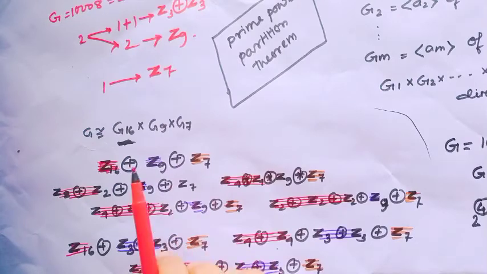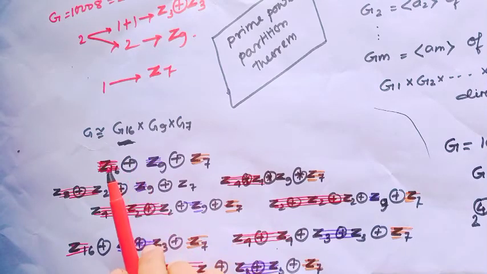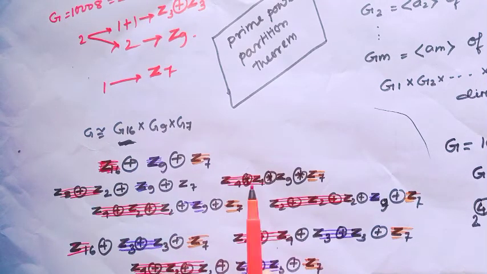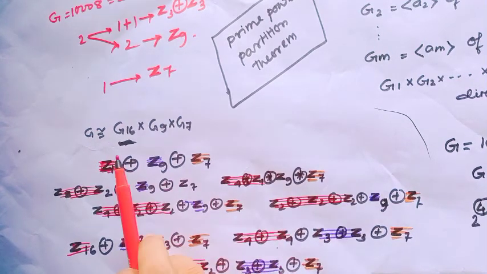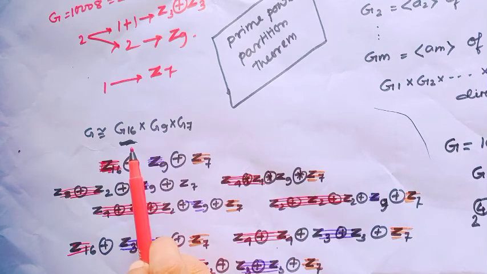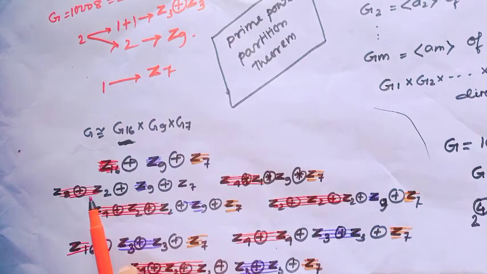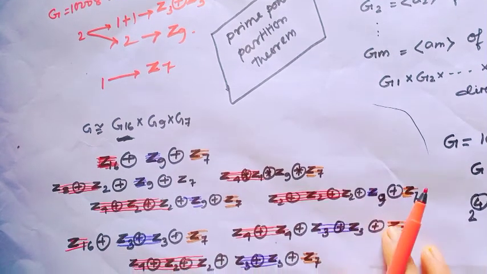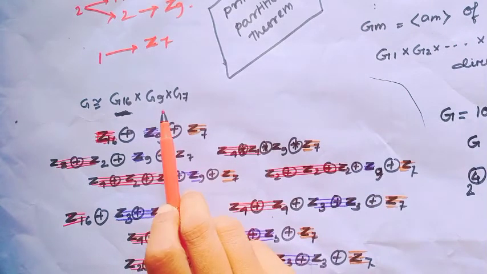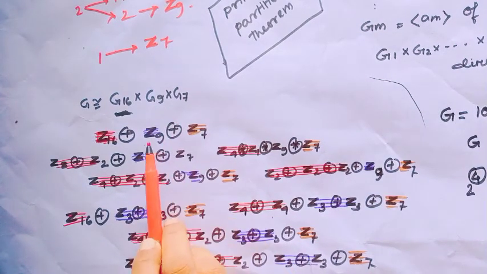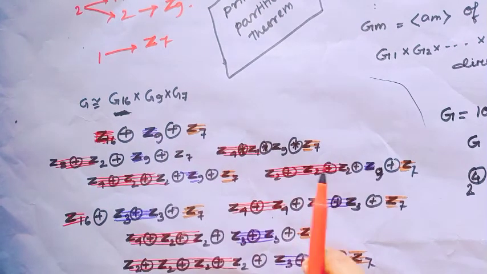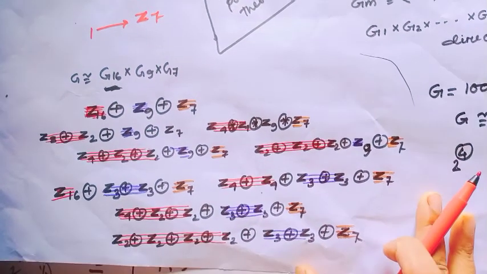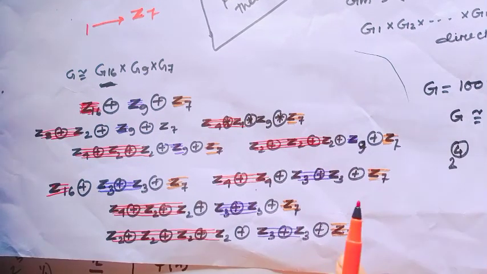Okay? So, for G16, there exist 1 plus 2 plus 3 plus 4 plus 5 different ways to make the subgroup of order 16, which I have indicated in red color. Okay? And for G9, there exist only 2 different ways, Z9 and Z3 direct product Z3, which I have indicated in blue color.